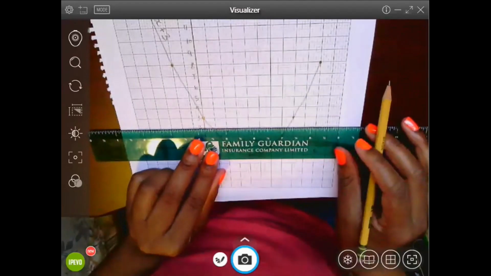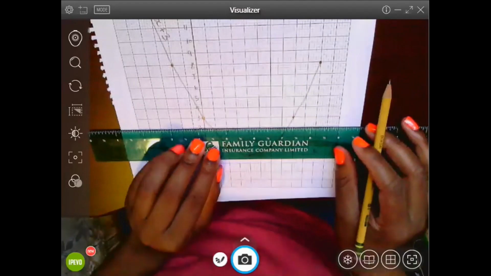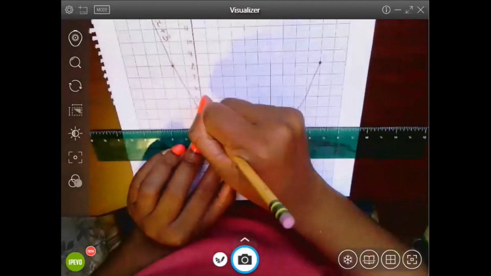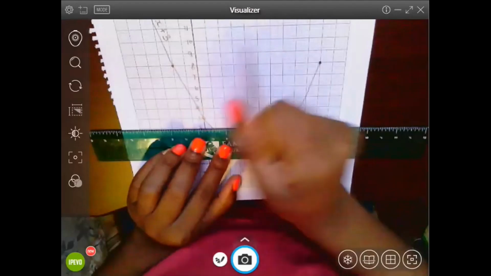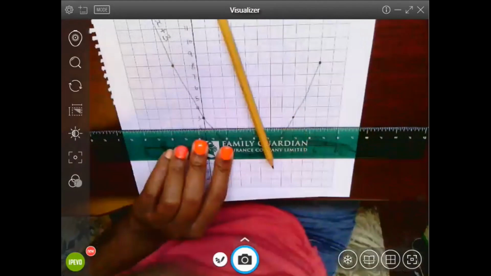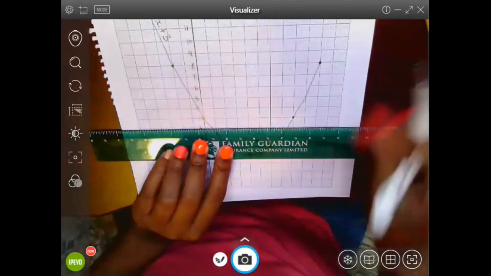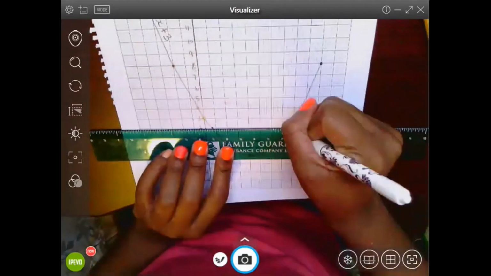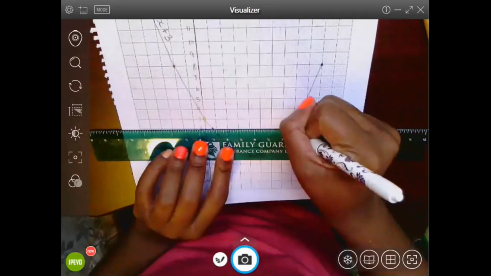And I have two places. I'm going to put a dot. Let me use my purple pen so you can see it a little bit better. I'm going to put a point there, and that's going to help me to identify what the x values are at those places. Okay, so I have 2 points.